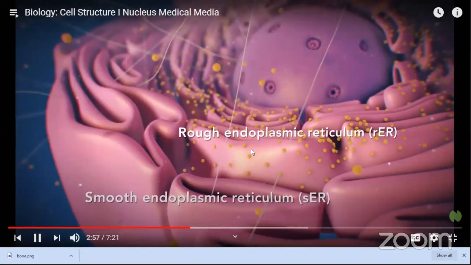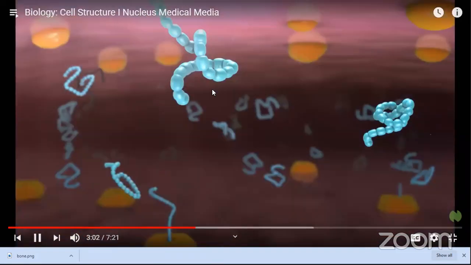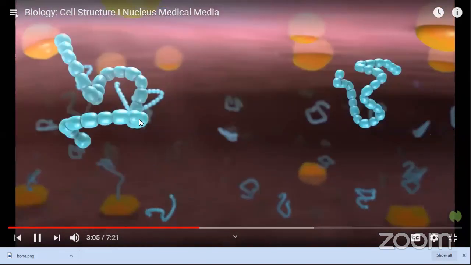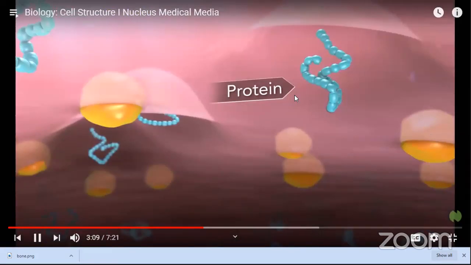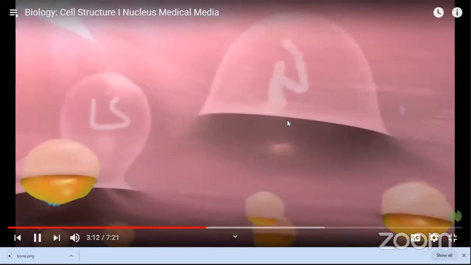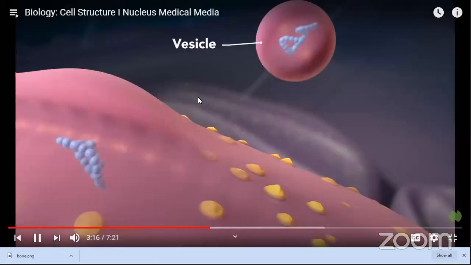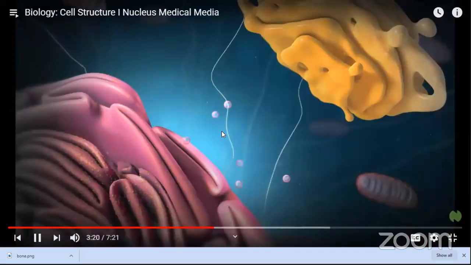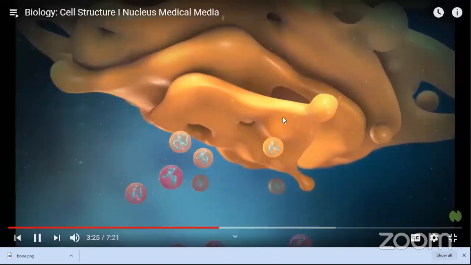Right, I'll explain here. It's the endoplasmic reticulum. So the endoplasmic reticulum transports the protein synthesized by the ribosome. This forms as a vesicle and moves. This vesicle joins with the Golgi apparatus.